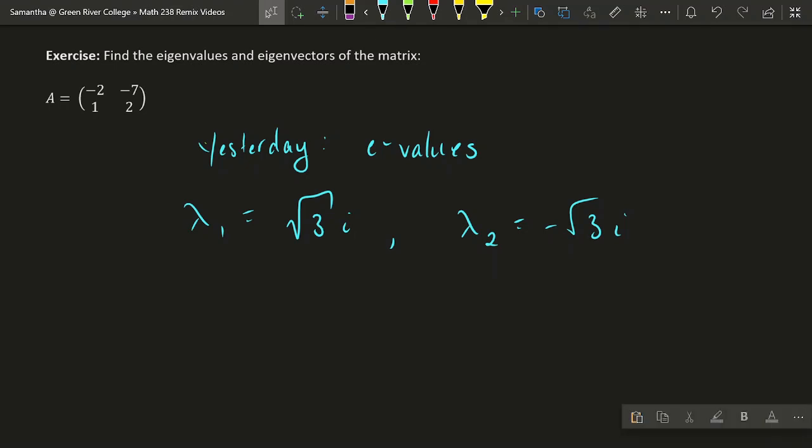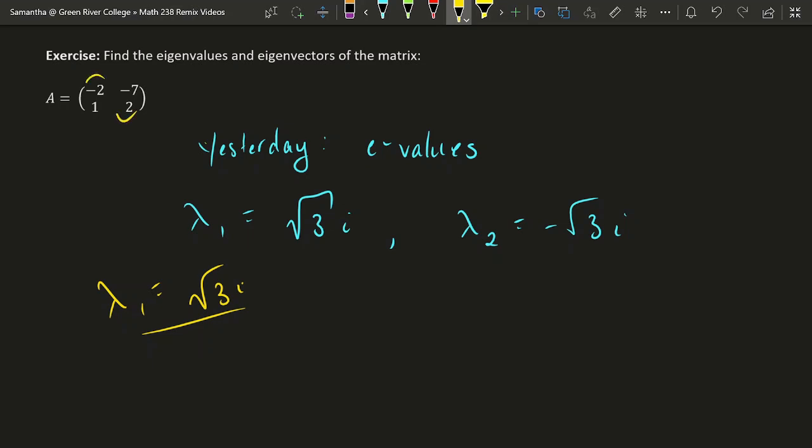Let's start by finding an eigenvector corresponding to lambda 1 equals positive root 3i. So I'm going to go into the matrix, take the entries on the diagonal, and subtract this eigenvalue.